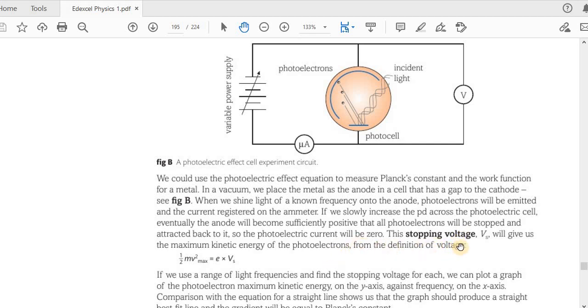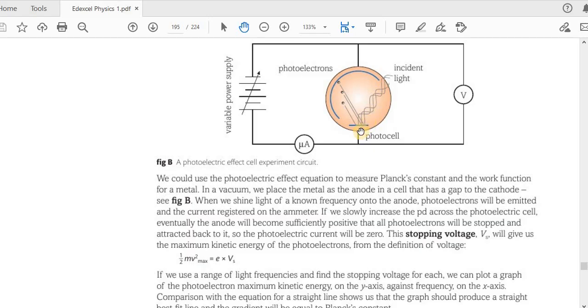Okay, so this is called the stopping potential, Vs. S for stopping, V for the potential difference. It will give us the maximum kinetic energy of the photoelectrons, from the definition of voltage. In the beginning, normally it is emitting, but we adjust this so that we can stop them coming out.